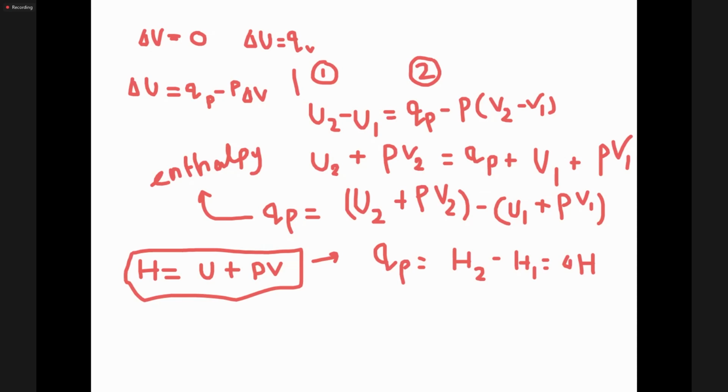Now, for finite changes at a constant pressure, we can say from this equation H, we see delta H is equal to delta U plus delta of PV. So if we operate delta on both sides, we have this equation as delta U plus delta of PV.